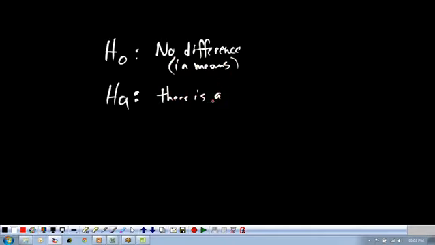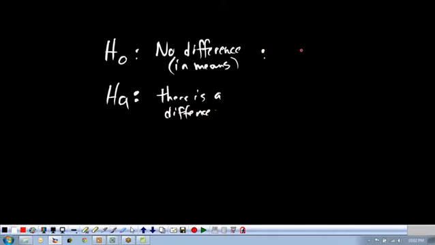We can think of the null as, there's no difference, in this case in means. We can also test things like standard deviations, but that'll come later. Let's test the means first. And the alternative would be, there is a difference in the means.